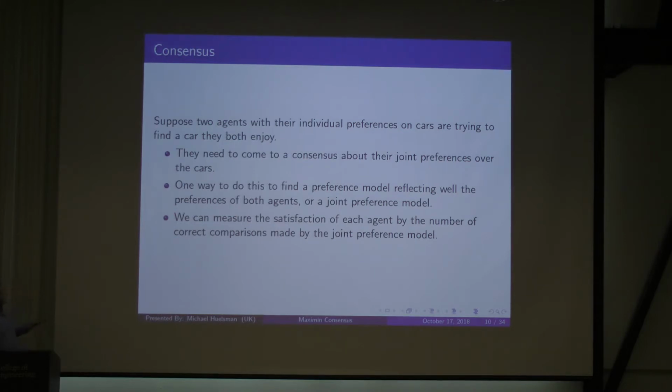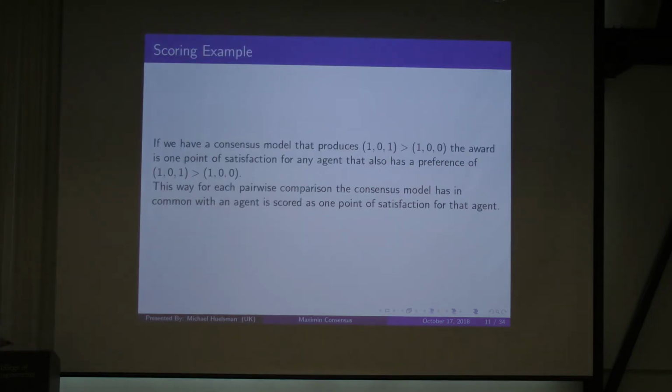So this is what the research is looking at doing, and in order to be able to do this, we have to know what it means to satisfy an agent. Because if we don't know that, then what are we trying to accomplish? So for this research, the way we score it is, let's say we have this comparison. And that's going to come from our joint model, right?